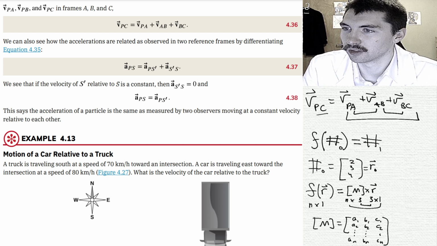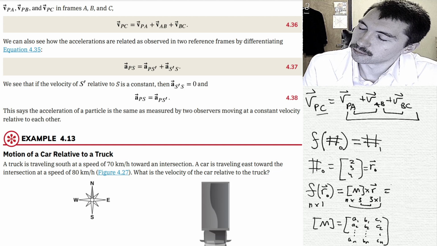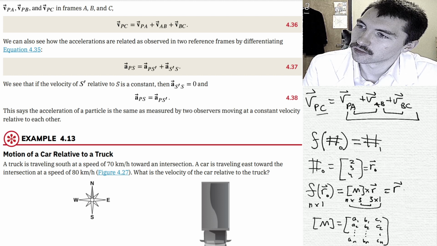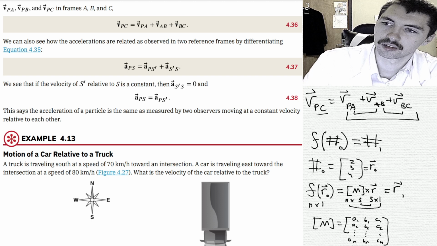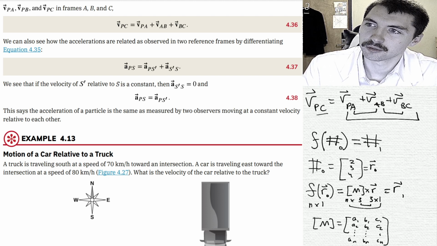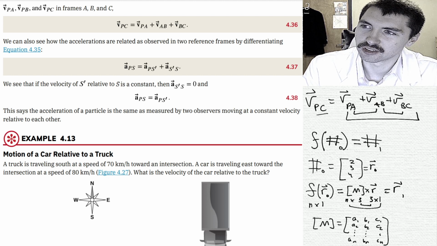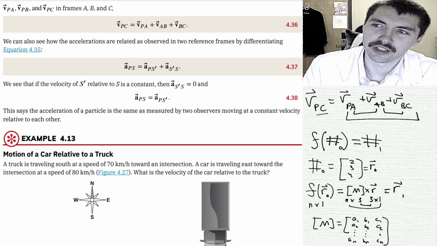So that would be 0, and then the result should be another vector, right? In the same number of columns. So that should be vector 1. So you can see how reference frames are really just a linear transformation, and I've arrived at this just through the analogy of matrix multiplication.